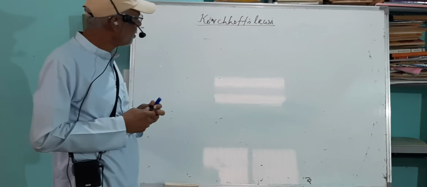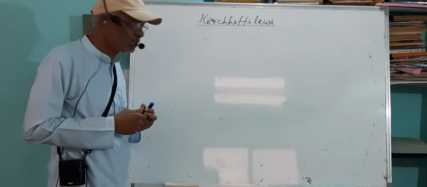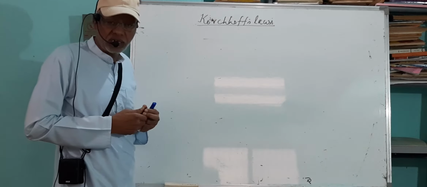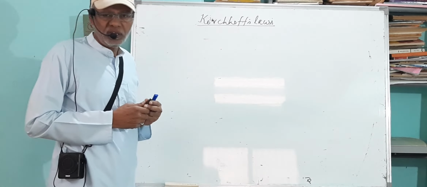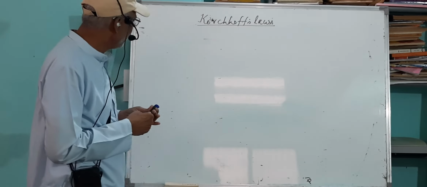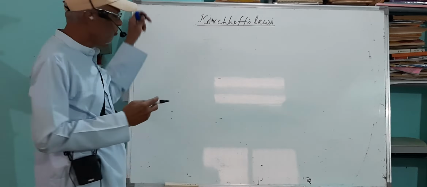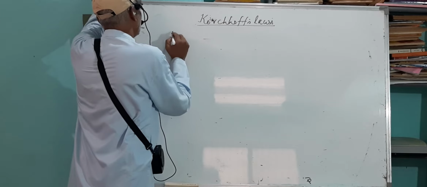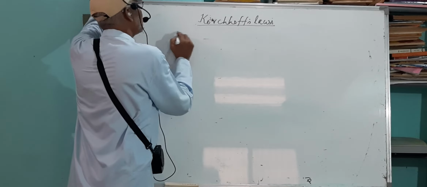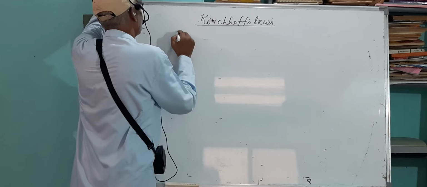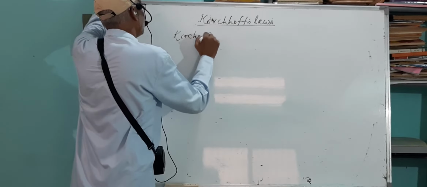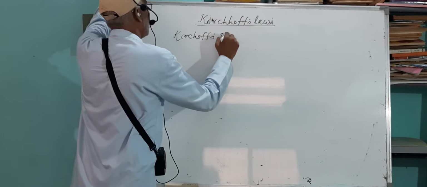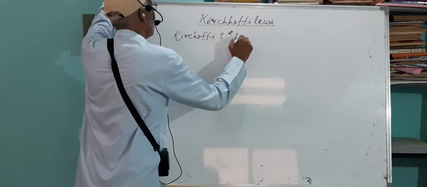Before discussing Kirchhoff first law or Kirchhoff current law, we have to know some important terminology. Let us discuss it one by one. While studying Kirchhoff first law, Kirchhoff first law is sometimes also referred to as the current law, or sometimes as the junction law.